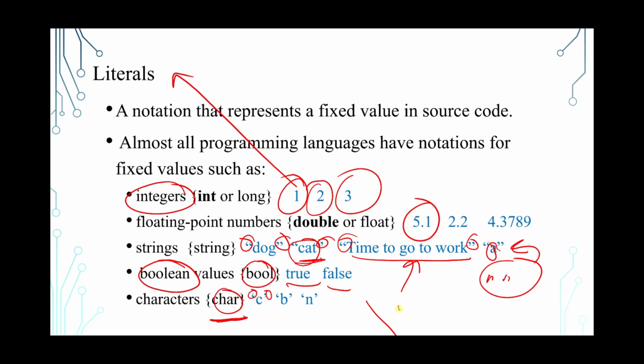For example, \n is basically a new line. \a is basically an alarm sound. It's different than this one. This one prints the letter A. This one, alarm sound. Something like this.